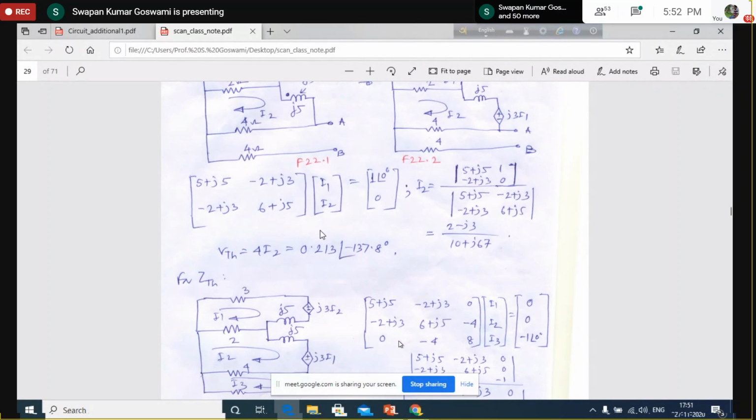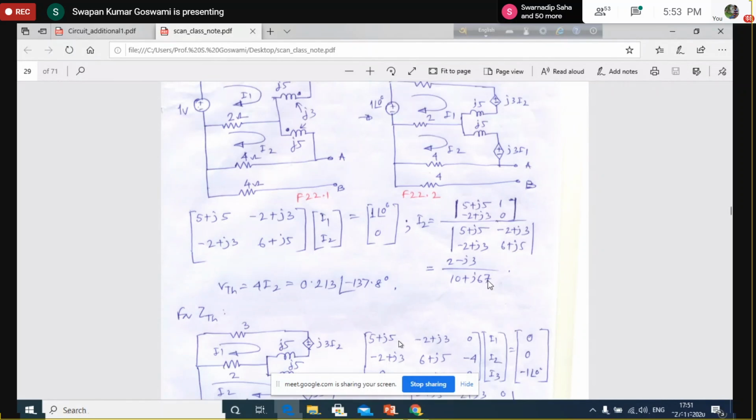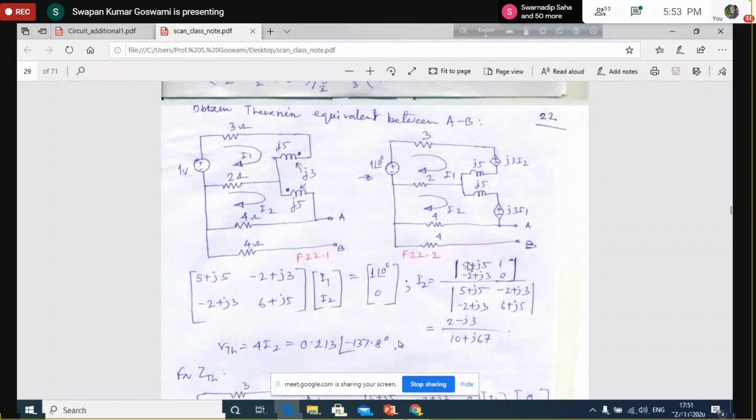The reason is that the same effect is coming on both loops, because now the dependent sources are placed symmetrically.